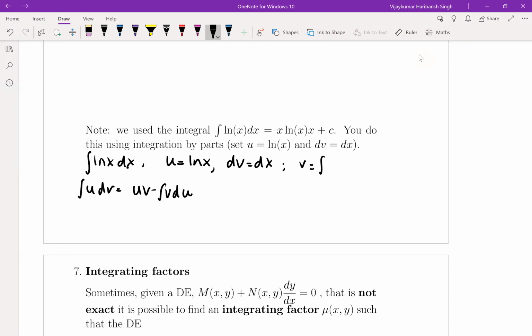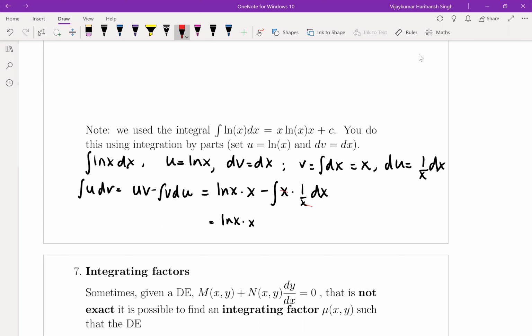Your v is the integration of dx, which is x. And your du is 1 over x dx. So uv is going to be ln x times x, minus the integral of v du, which is x times 1 by x dx. So this is going to be ln x times x. These x will cancel off, and the integration of dx is simply x. So minus x plus a constant c. So this is how it works out.